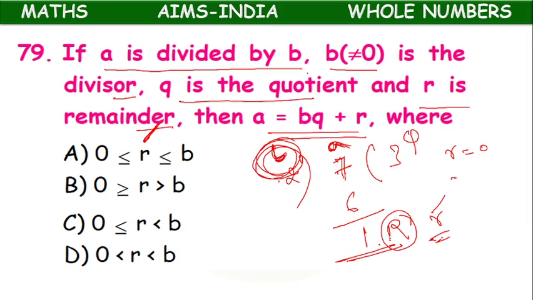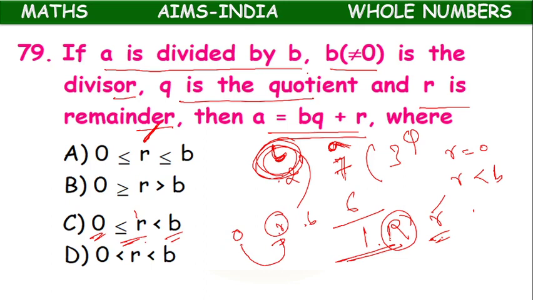It may be equal to 0 or it may be less than B. So then what is the correct answer, children? 0 less than or equal to R less than B, which means the remainder lies between 0 and B.